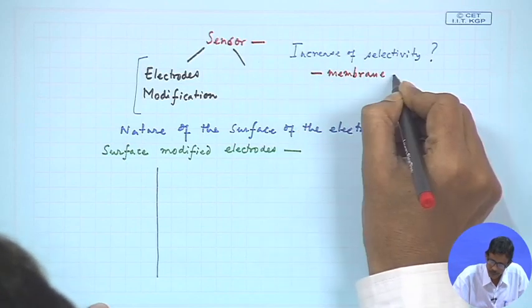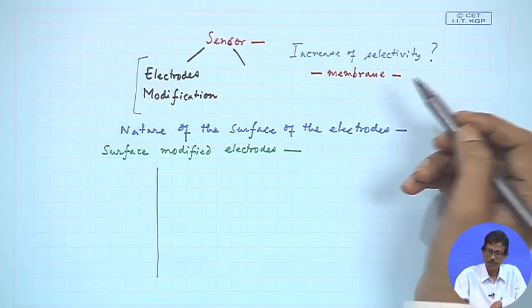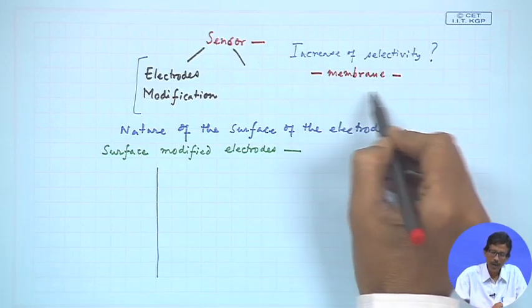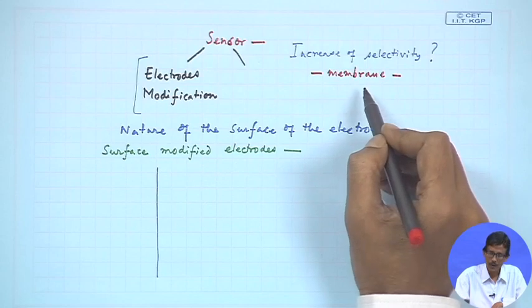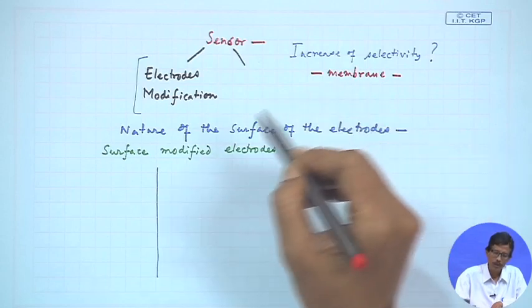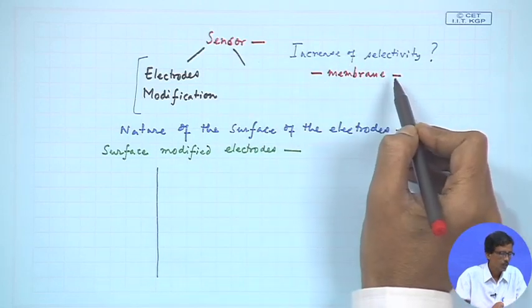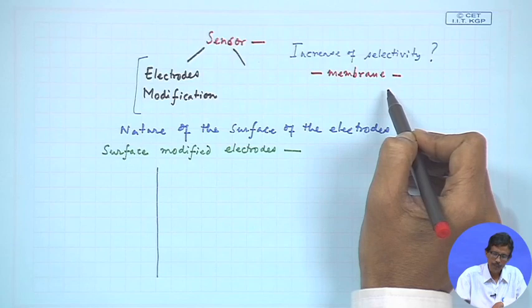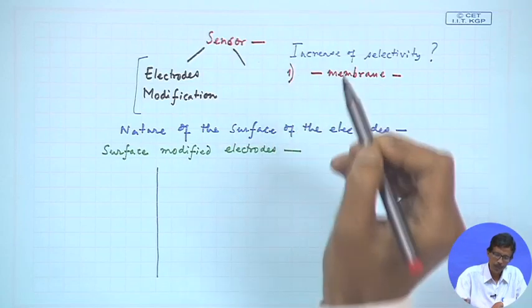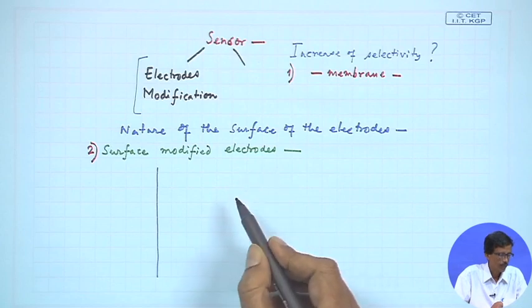We use a membrane because it is a kind of filtration process. The membrane allows only the species of our choice, of our importance, to pass and reach the electrode, so you increase the sensitivity. So the membrane is one part, and the second is the modification of the surface.